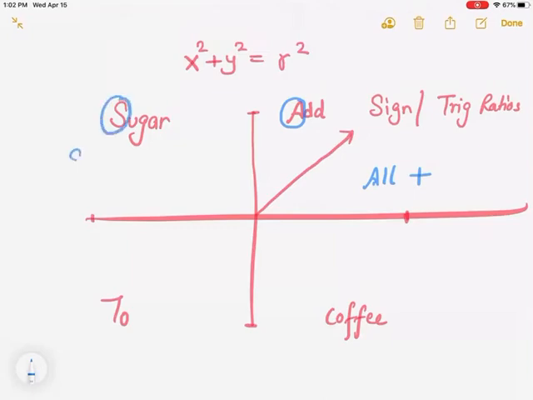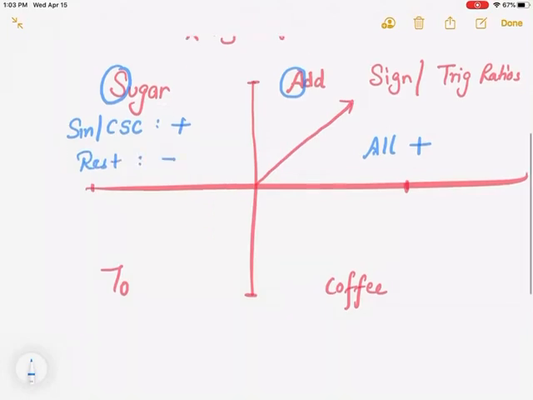It means sine and its reciprocal, which is cosecant, stay positive, and the rest of the ratios are negative. When it gets to the third quadrant, we borrow T from to, which means tangent and cotangent stay positive, and the rest of the ratios are all negative.